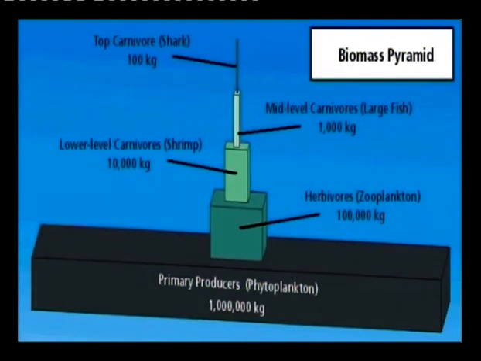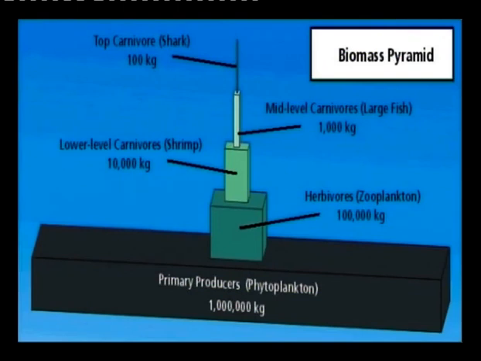Okay, so at the bottom there, this is another way of looking at a biomass pyramid. At the bottom you have a long triangular type, there's primary producers, and this one is mainly looking at under the sea.